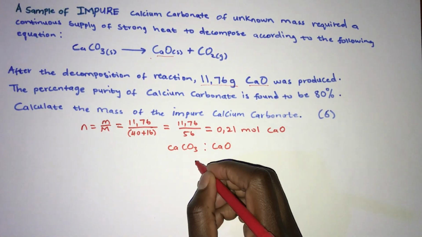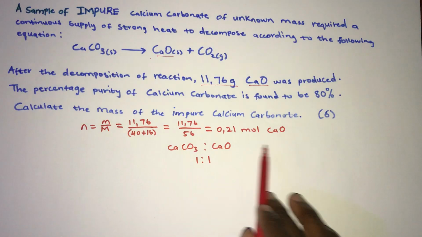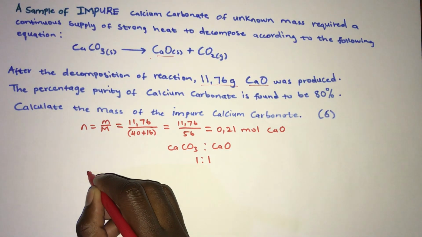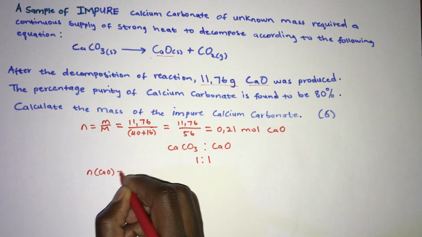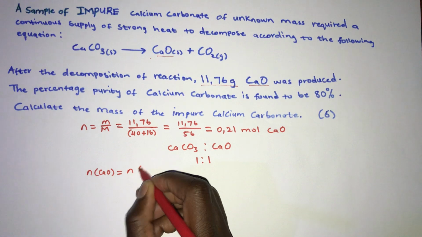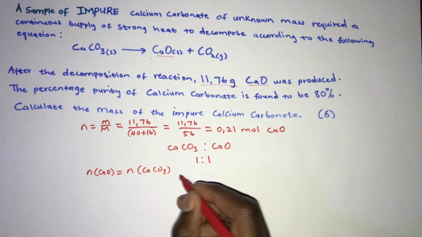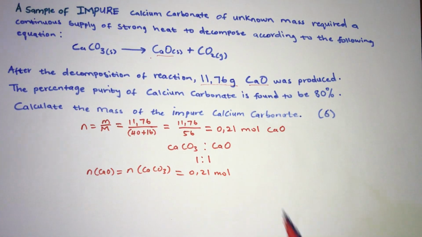Since the ratio is telling us that it's 1 is to 1, it means that the number of moles are equal. So the number of moles of CaO is equal to the number of moles of CaCO3, which is equal to 0.21 mole.